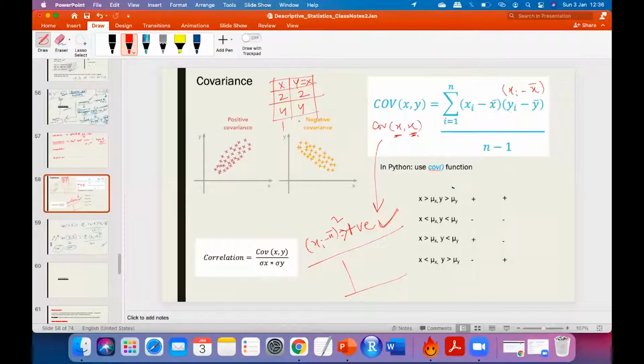If it becomes 1, it will also be 1. So if this is increasing, this is also increasing. That is the reason our concept also tells us that this will be positive.